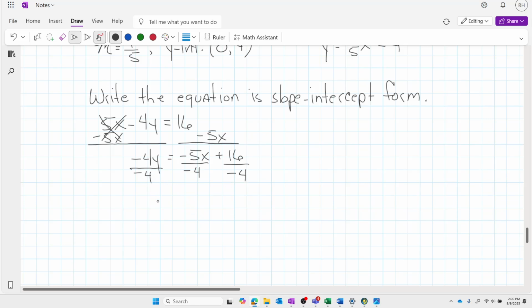So on the left side, we're left with the y. Negative 5 divided by negative 4 becomes a positive 5/4. The letter x falls down. And 16 divided by negative 4 is just negative 4. So there's your equation in slope-intercept form.